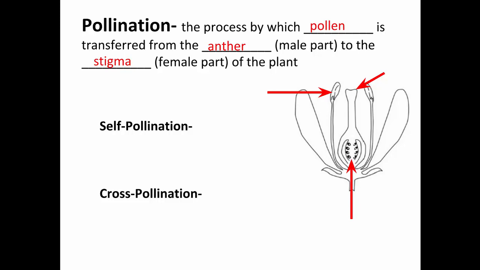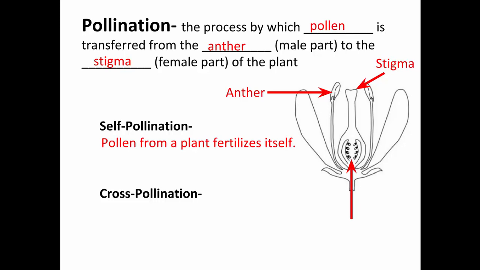Well, that sometimes happens. That's called self-pollination. When one individual plant pollinates itself, that's called self-pollination. But most plants have ways of avoiding this. Can you guess why they would want to avoid self-pollination? Variety? Yeah, exactly.